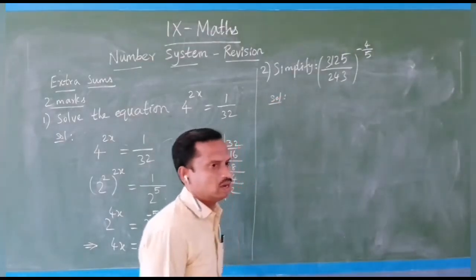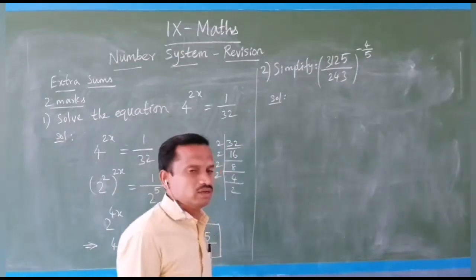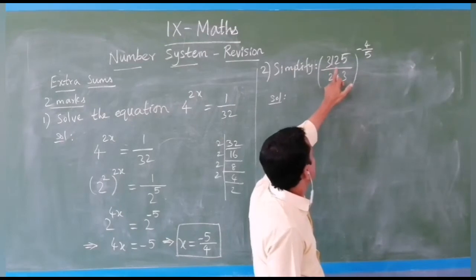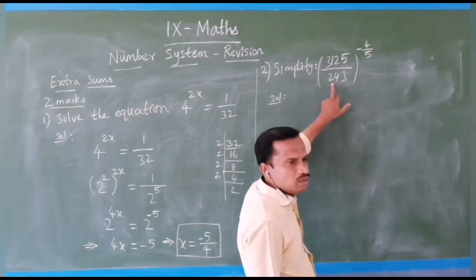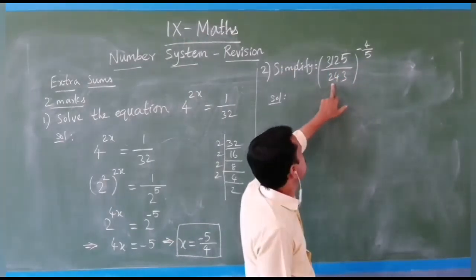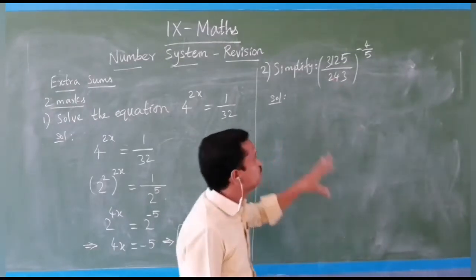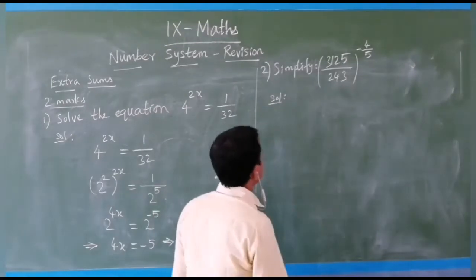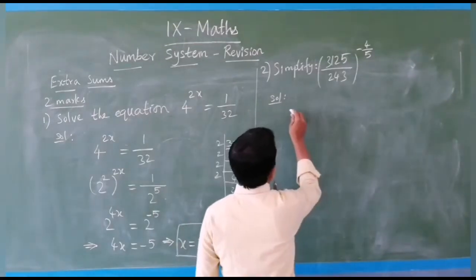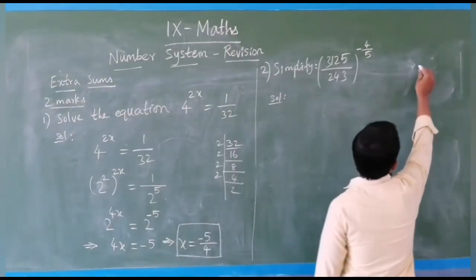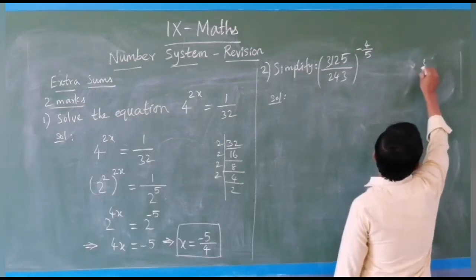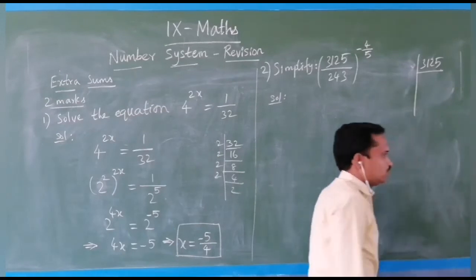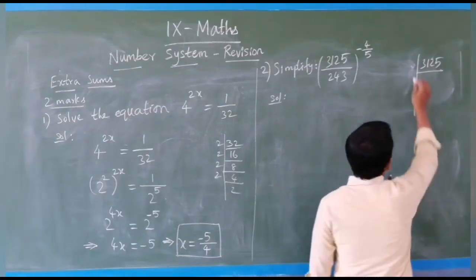So first of all, we have to find the prime factorization for the numerator 3125 and the denominator 243. So, you have to find it and then you apply the exponent minus 4 by 5. So, first of all 3125. So, you have to find the prime factor. So you can use, I think, the 5 table.